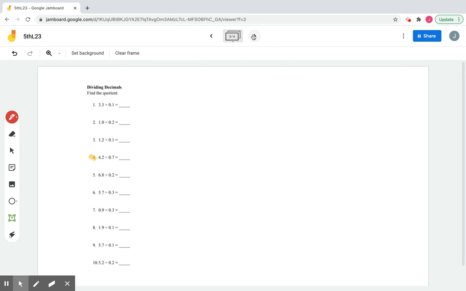Okay, so we're gonna move on, and the next one is dividing decimals. We're gonna do number 4 together, and it is 4.2 divided by 0.7. When we divide decimals, we have to see if the divisor is a whole number or not.